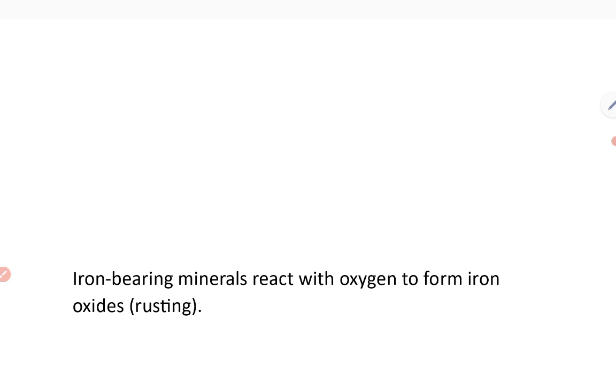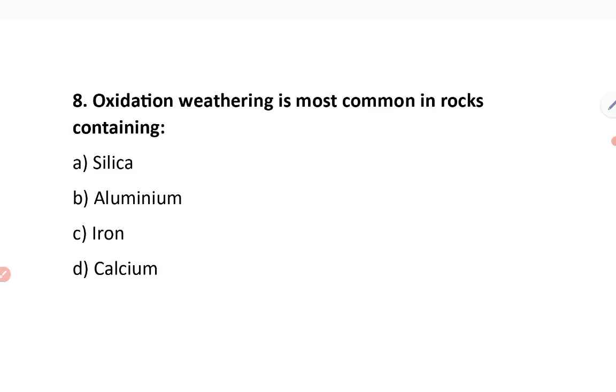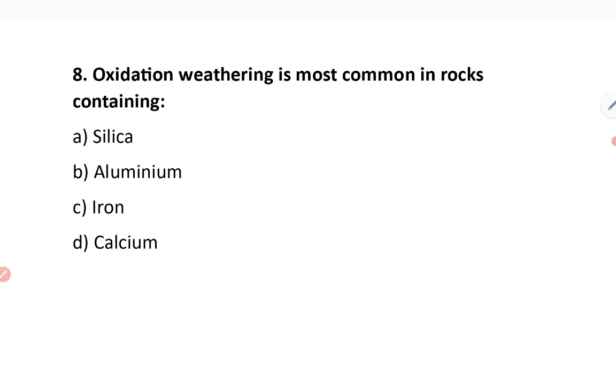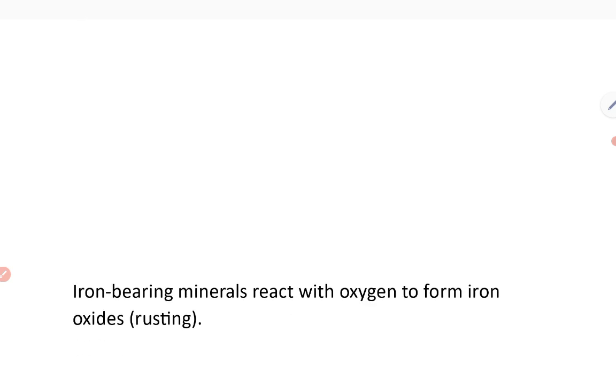When rusting happens, the weathering process intensifies and the rock disintegrates. So iron-containing rock commonly has oxidation weathering. So the eighth answer would be C.